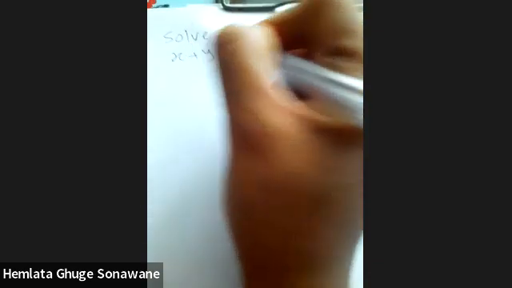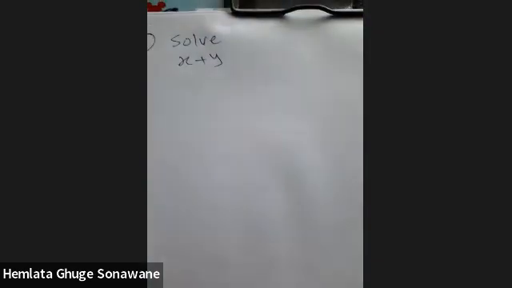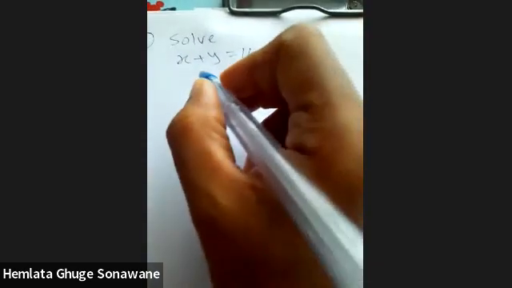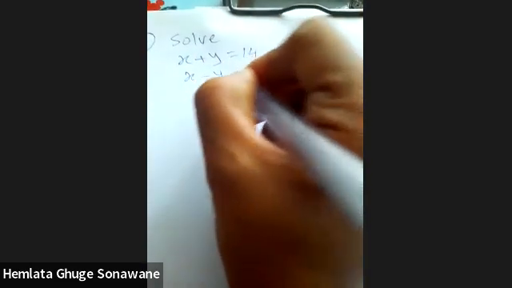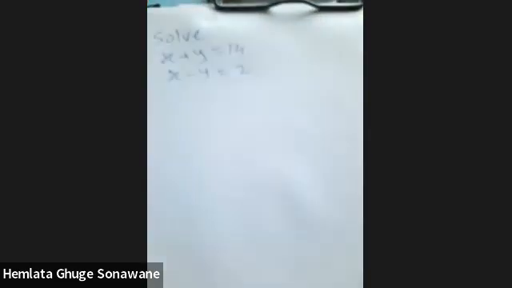Now we'll take solved examples given in your textbook. The first example is on page number 83: solve x plus y is equal to 14 and x minus y is equal to 2.